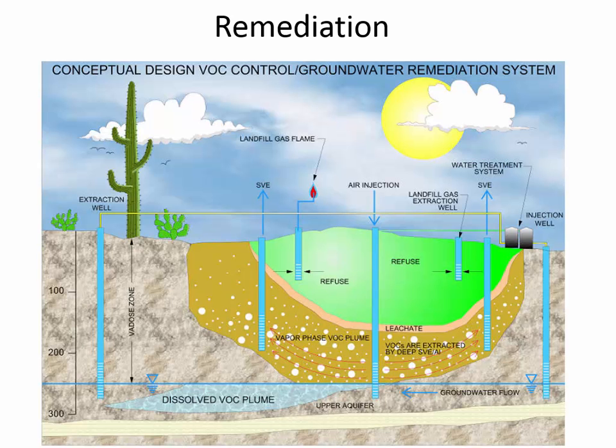So one of the things that they're doing to remediate is soil vapor extraction. SVE means that they have a big fan at the surface and they're blowing air into the soil, into the vadose zone. Vadose zone is just another word for the unsaturated zone. It's the soil that has some air in the pores above the water table.